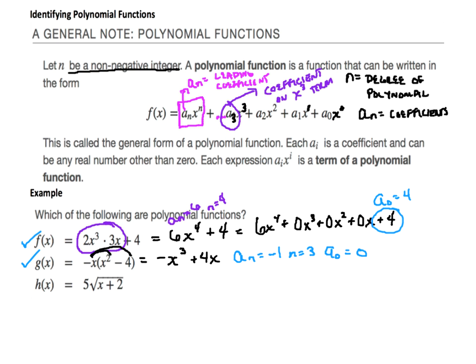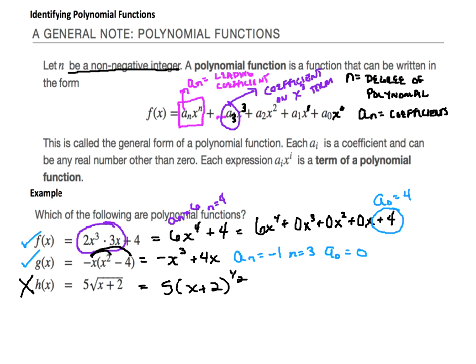Now, this last one, I could rewrite it as 5 times x plus 2 raised to the 1/2 power. Since that factor is raised to the 1/2 power, it is not an integer, which means this is not a polynomial function.